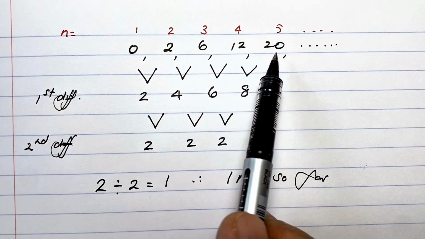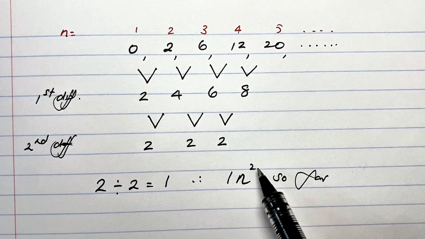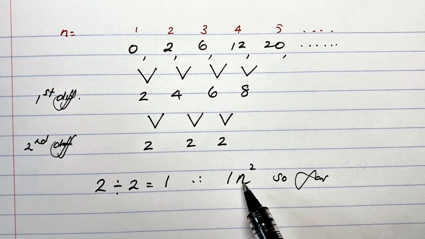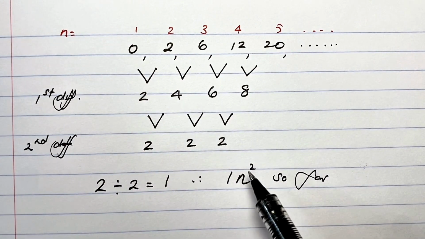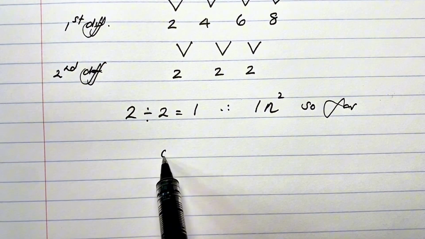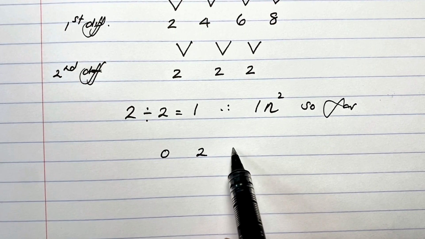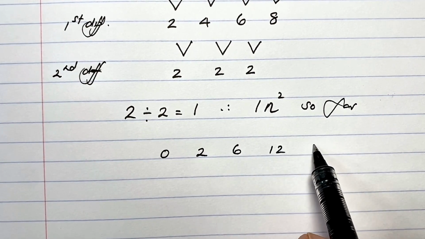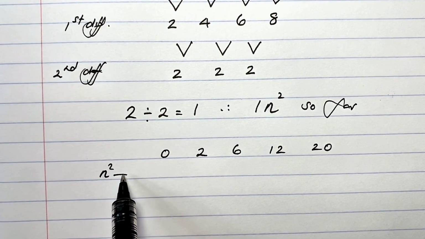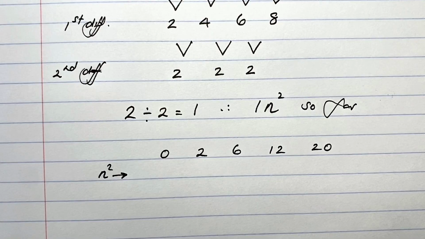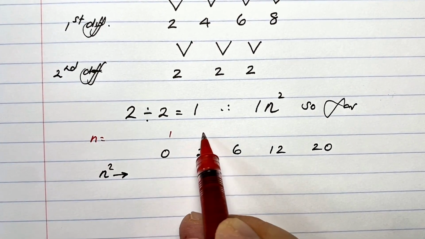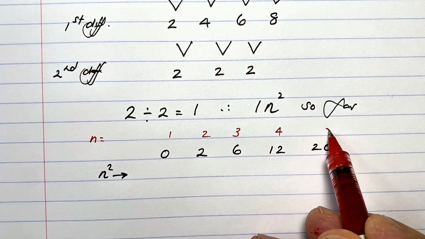Some of these values in the sequence are responsible for n squared. We want to know how much of these numbers is obtained by n squared and what is left over. So I start with my set of original numbers and find out what n squared is producing. Giving numbers again, 1, 2, 3, 4, 5.